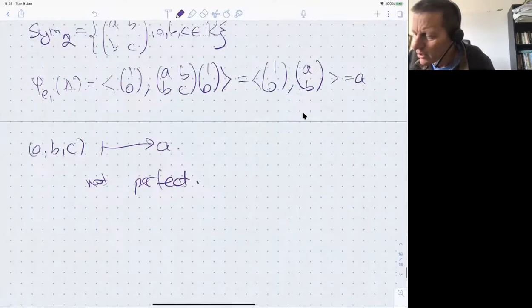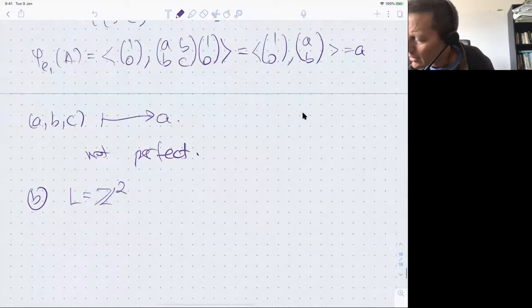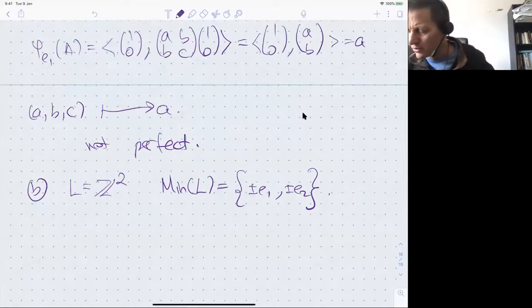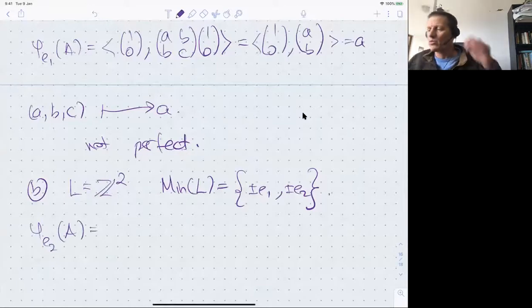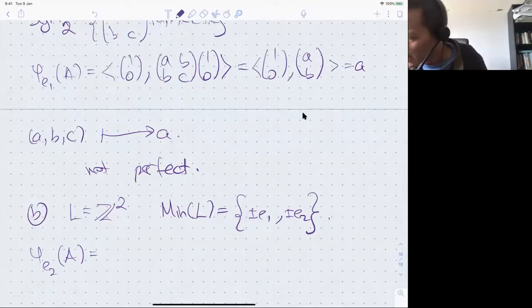We can do a similar computation with L being the Z2 lattice, and then the minimizers are plus minus E1, plus minus E2, and the functionals we already computed. We already computed the functional that's associated with E1. The functional that's associated with E2 we can now compute, and it's going to give us C. So I'll just write it down: 0, 1, sorry.